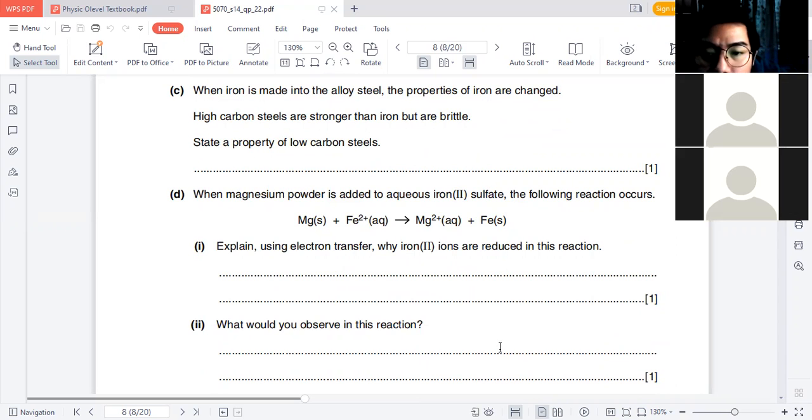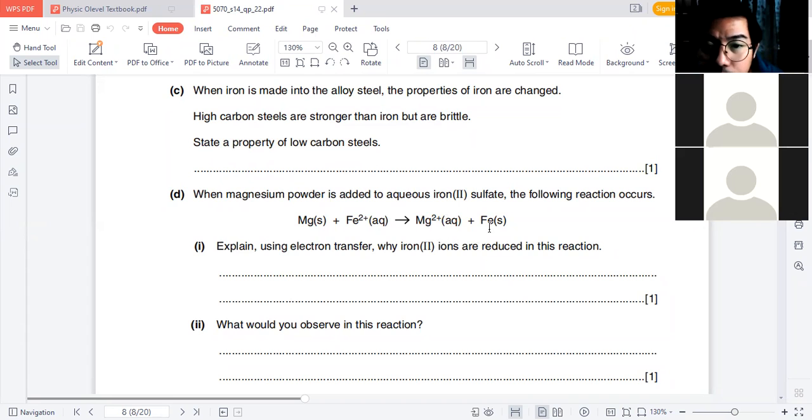Now, what would you observe? As I told you before, you need to look at the products and their states. You have aq, and you have a solid, so a precipitation should be observed. You can see magnesium 2+, and Fe is a solid.